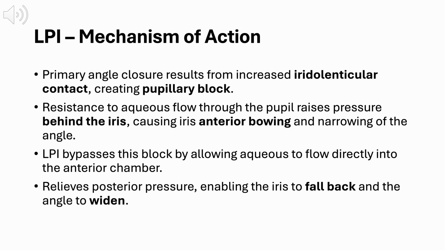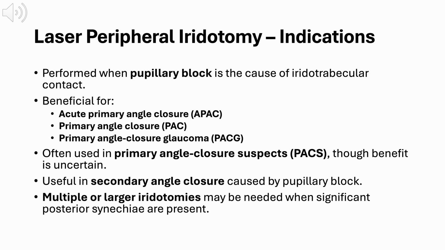By creating that full-thickness channel, the iridotomy simply gives aqueous a shortcut into the anterior chamber. Once that posterior pressure dissipates, the iris relaxes backward and the angle widens again, assuming synechiae haven't already locked it closed. It's a straightforward pressure equalizing maneuver, but it completely changes the configuration of the chamber.